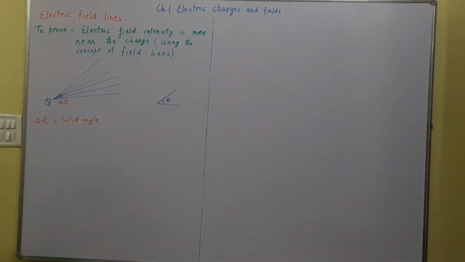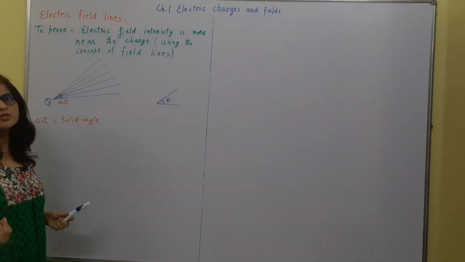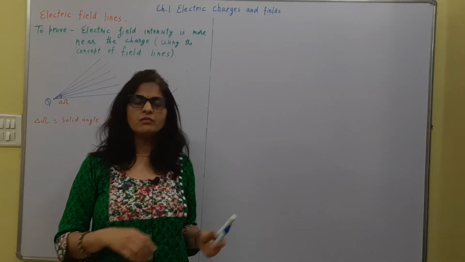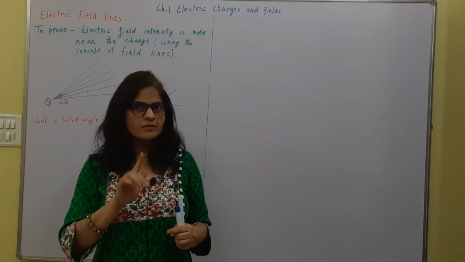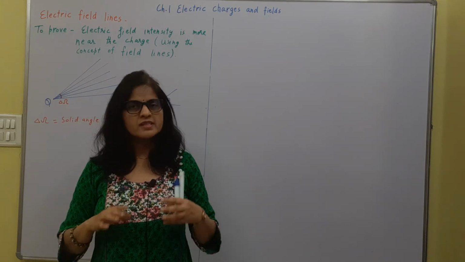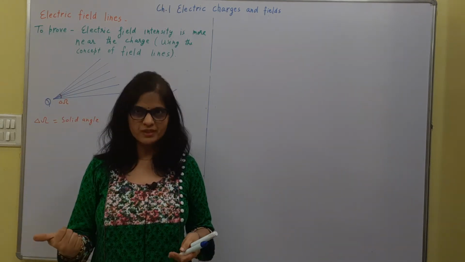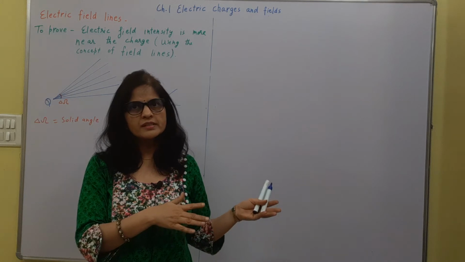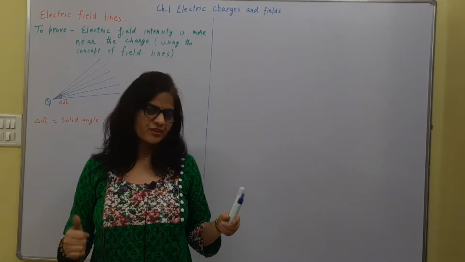Now we are defining electric field in one more form which you haven't studied till now. We know that electric field is directly proportional to 1 upon r square, or you can say inversely proportional to the square of the separation. So more is the distance, less is the electric field.